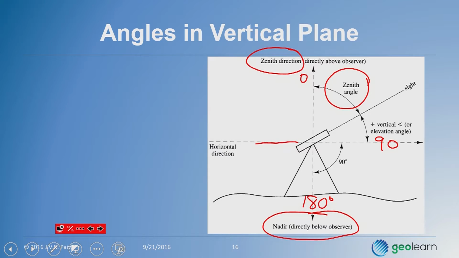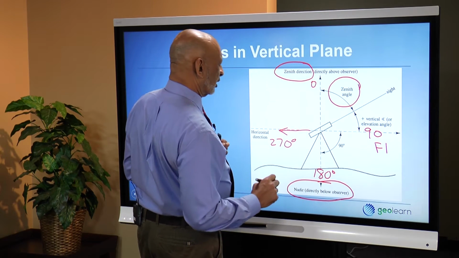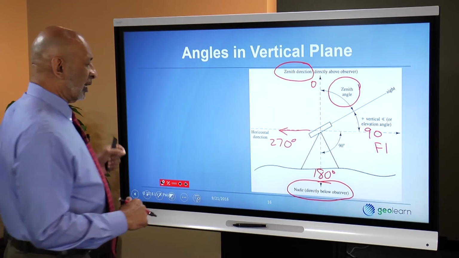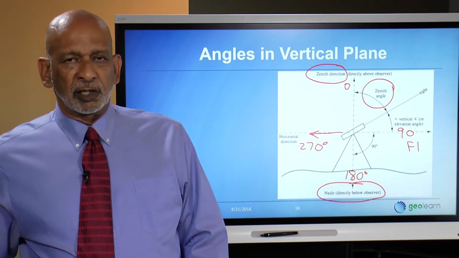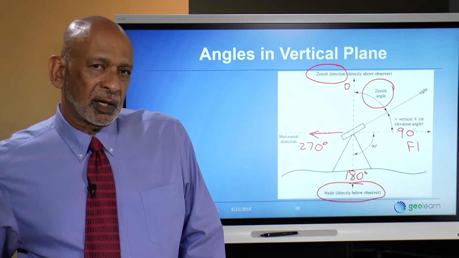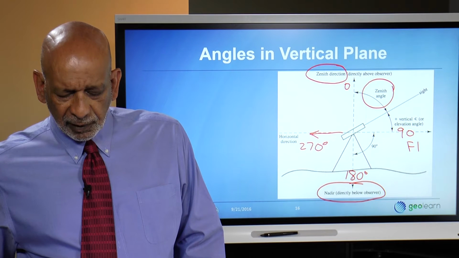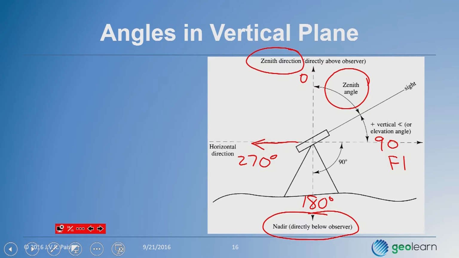And when you have your telescope inverted, so this is in phase 1 over here, but if you invert your telescope, you keep going around, you'll now be reading 270 degrees for the zenith angle. So one of the ways of telling if your instrument is in phase 2 is to look at the zenith angle reading, and if it's 270 degrees plus or minus something, then you know it's in phase 2.